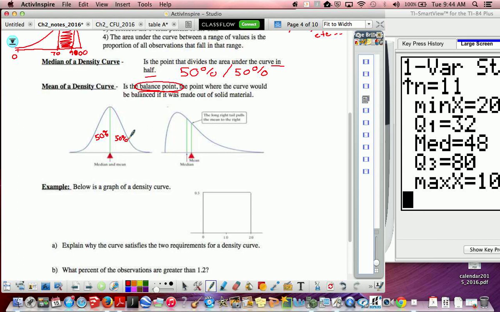The mean will be at the same place because if it's truly perfectly symmetric, the left side and the right side are going to be balanced. But if you start to have a skewed distribution, the mean gets pulled towards the tail of the distribution.